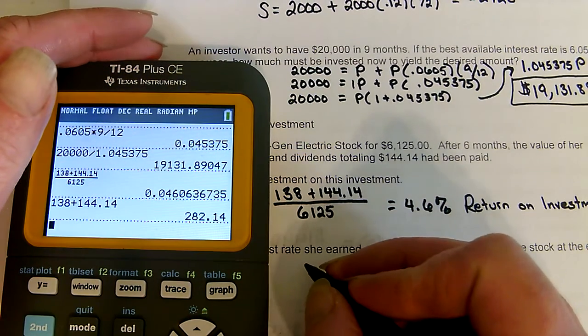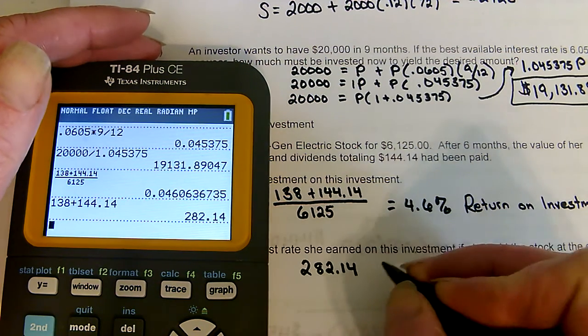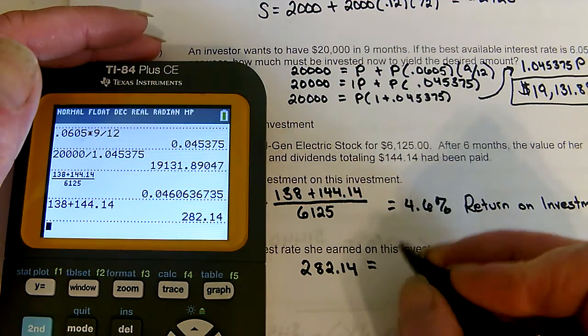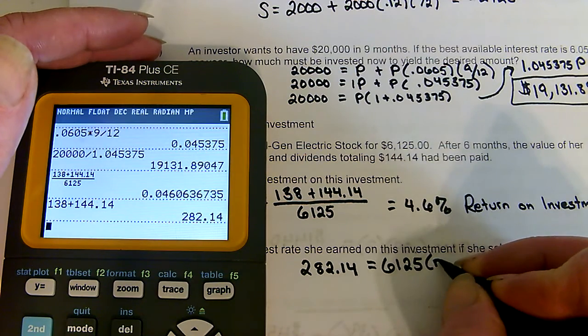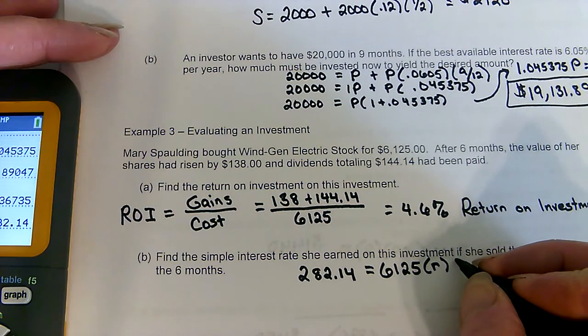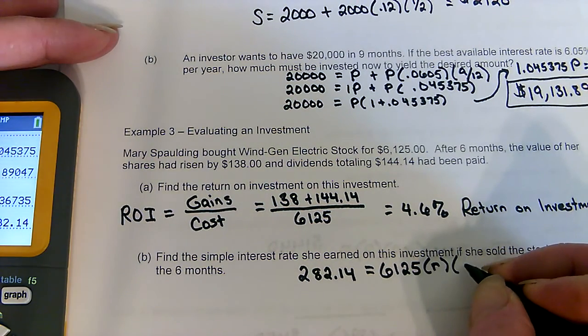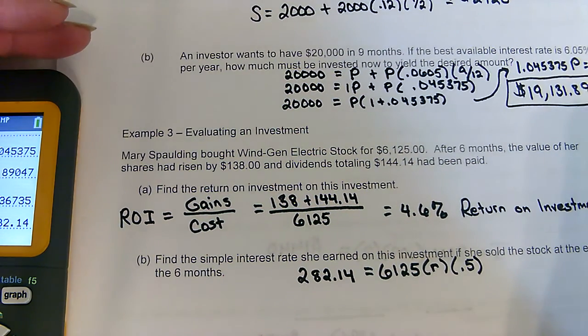That's what she gained, and that would equal her initial investment times the rate times the time. She only had this for 6 months, so that would be 6 out of 12, or 1/2, or 0.5. And we're solving for R.